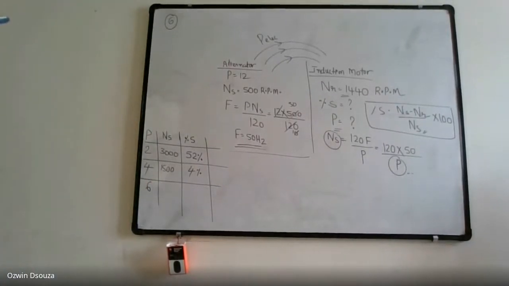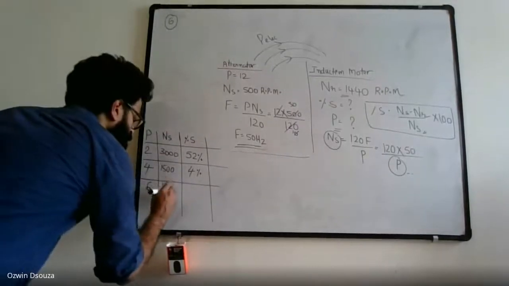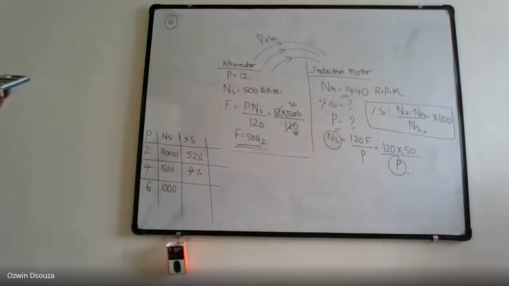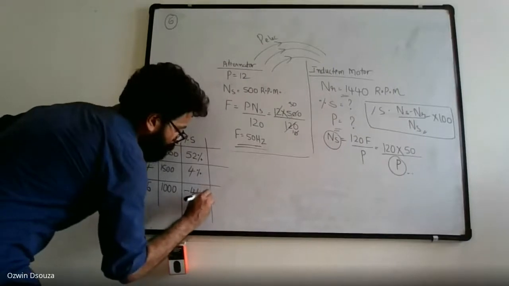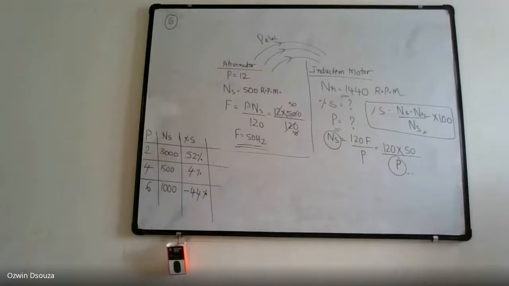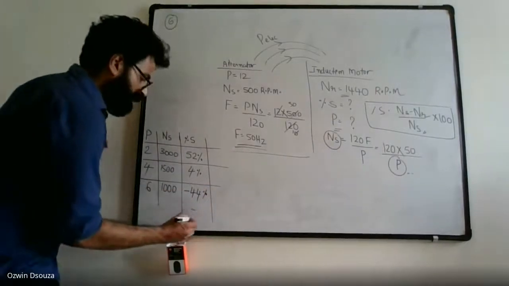When we change it to 6, we will get a synchronous speed of 1000 RPM, so you'll get the slip value as minus 44%. And you can go on. If you go on, you will keep on getting negative slip.